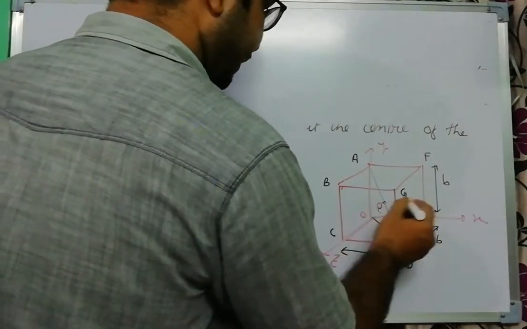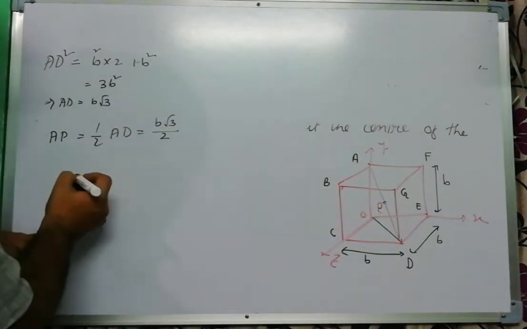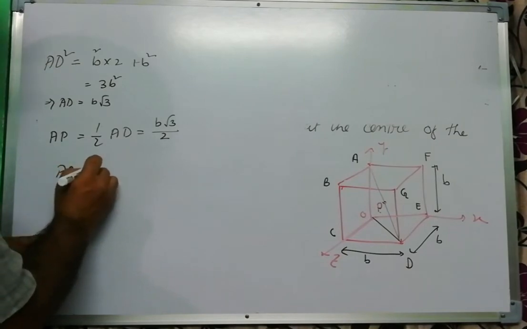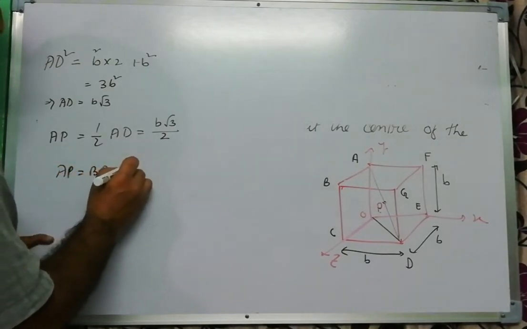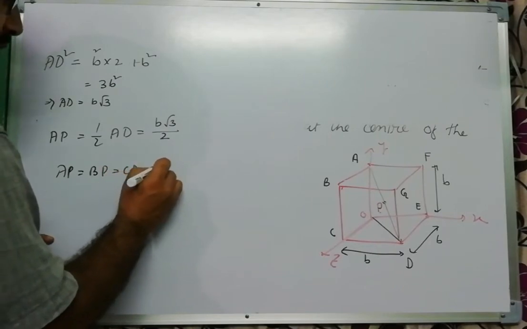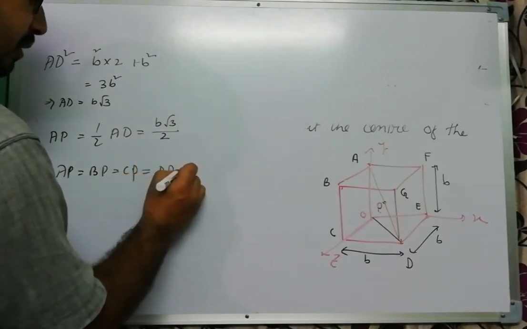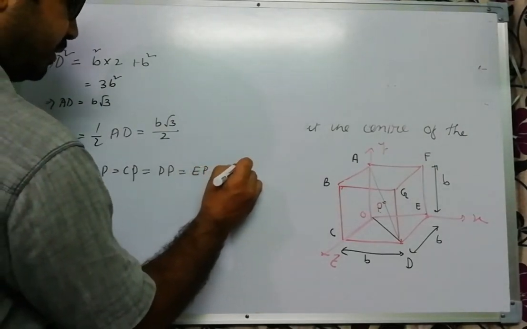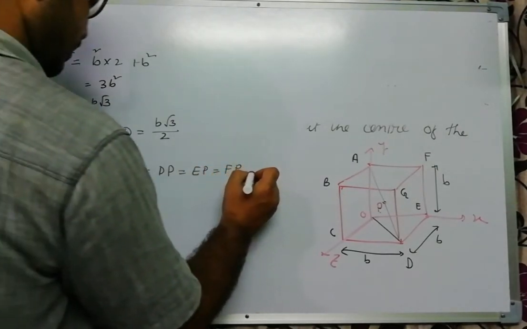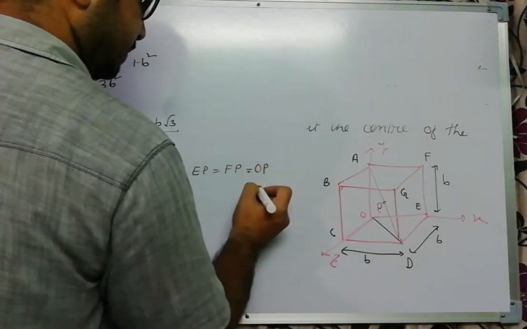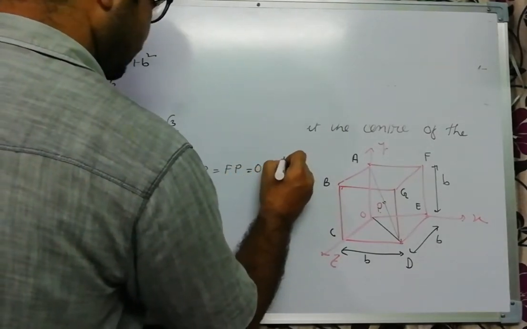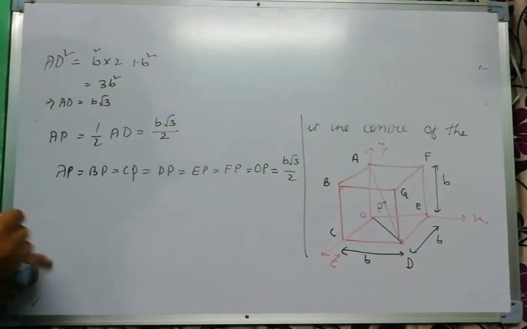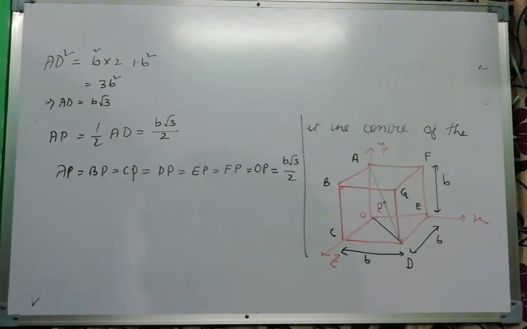So all the vertices are at the same distance from the center point P. Therefore AP is equal to BP is equal to CP is equal to DP is equal to EP is equal to FP is equal to OP is equal to B root 3 by 2. All the distances are the same.